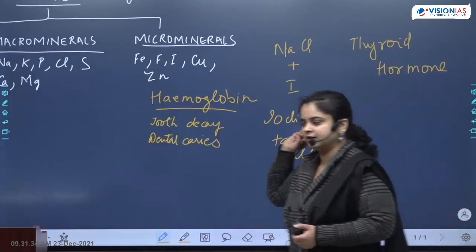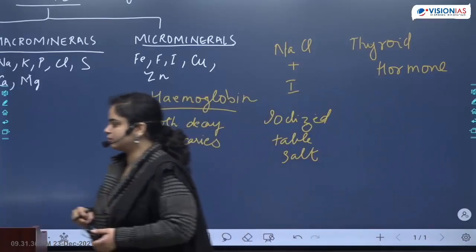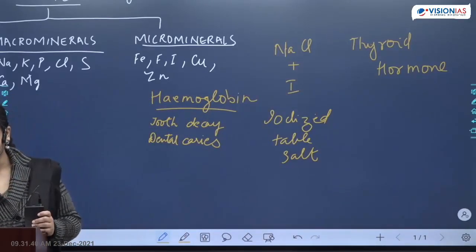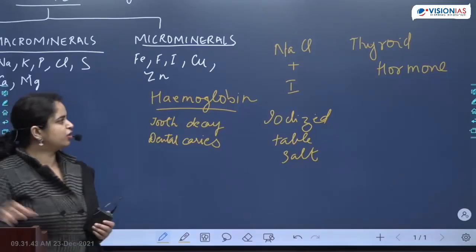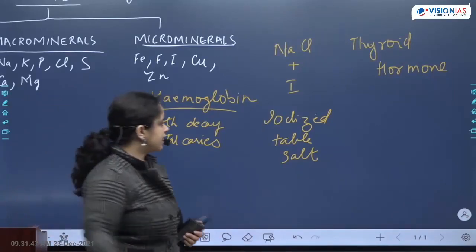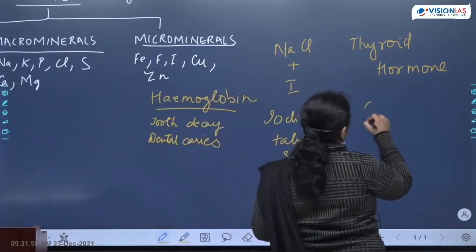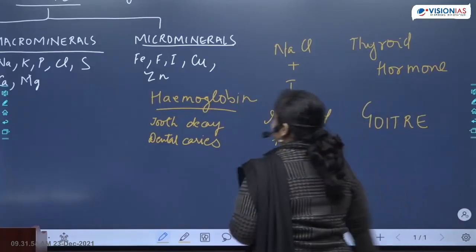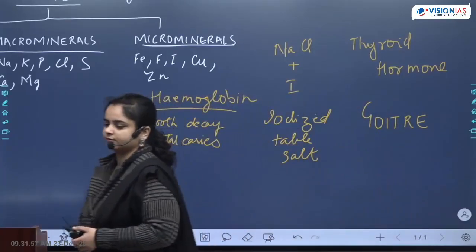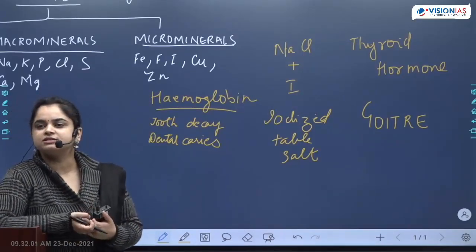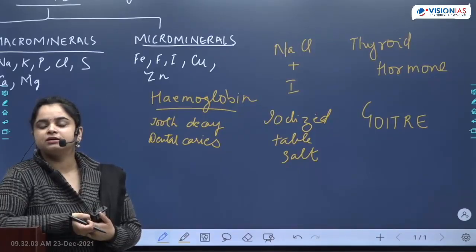So write down, iodine is a component of the thyroid hormone, and its deficiency leads to a condition called goiter.